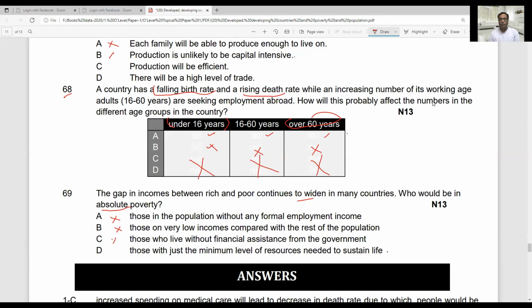And those who live without financial assistance from the government, it is again not necessary. And those with just the minimum level of resources needed to sustain life. So this is the true option, because a person with resources lesser than the minimum required level of resources that are needed to survive is basically facing absolute poverty. So option D is the correct answer.